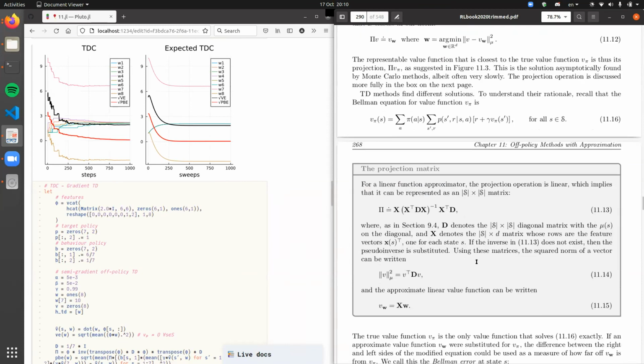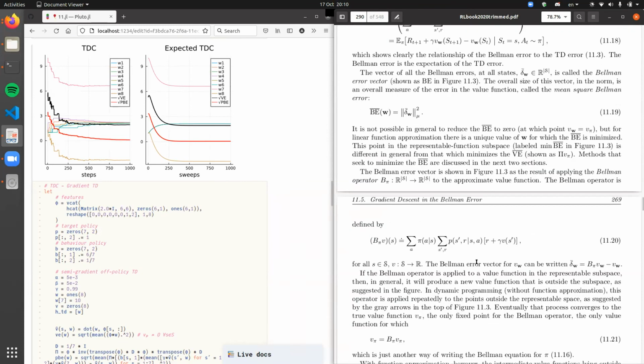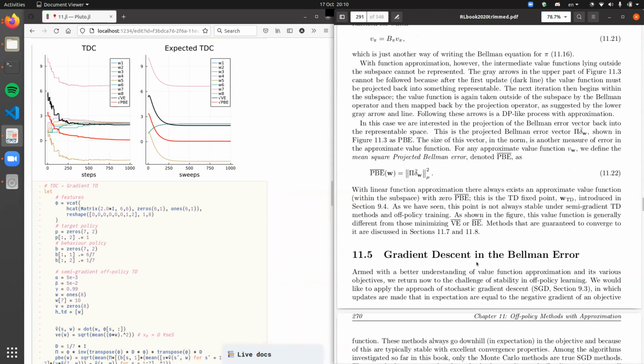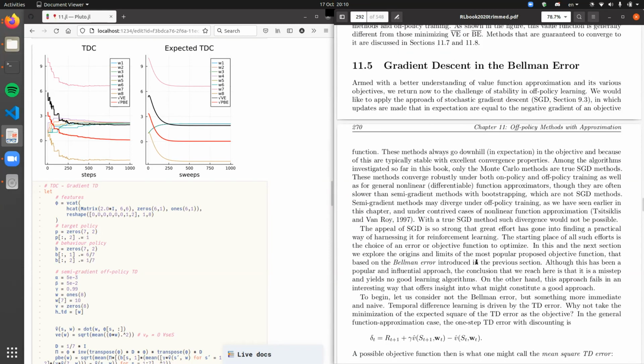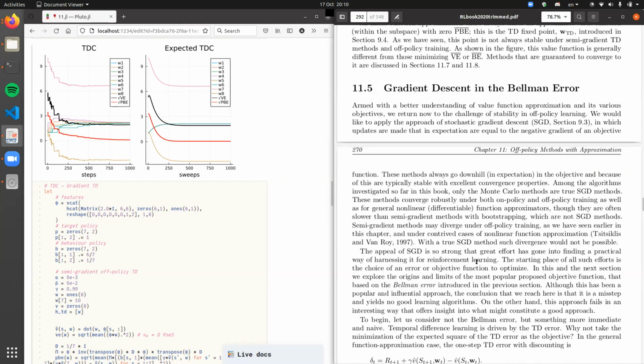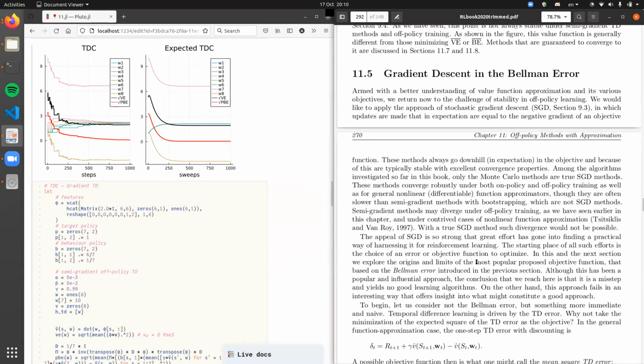But this week we will have a look at some proposed solutions to this problem, and how we can learn a useful value function using function approximation with off-policy data.